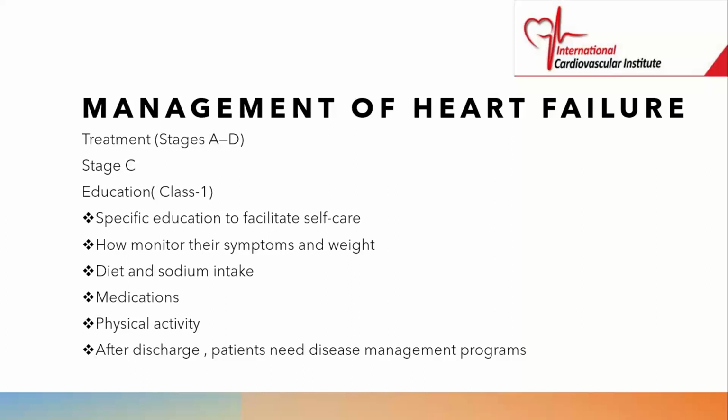Now, our stage C patients, this is our common patients who have structural heart disease and they probably had previous heart failure symptoms, clinical features, or they currently have clinical features of heart failure.